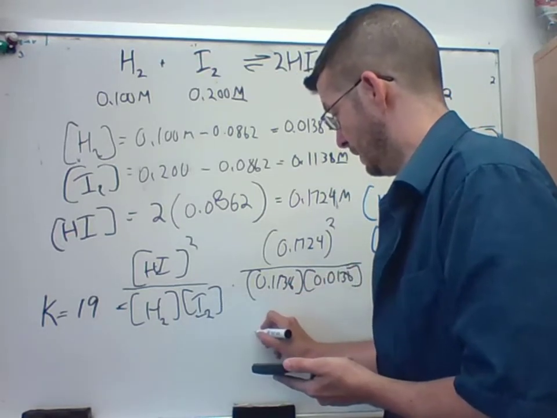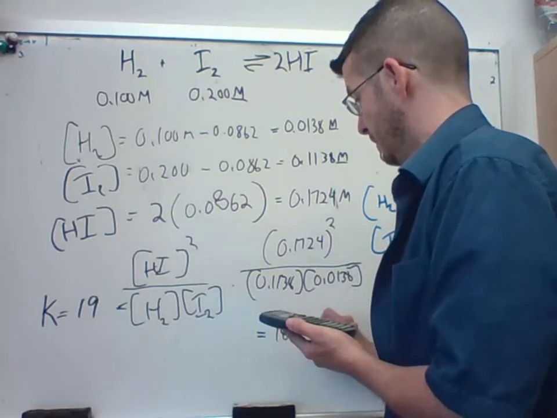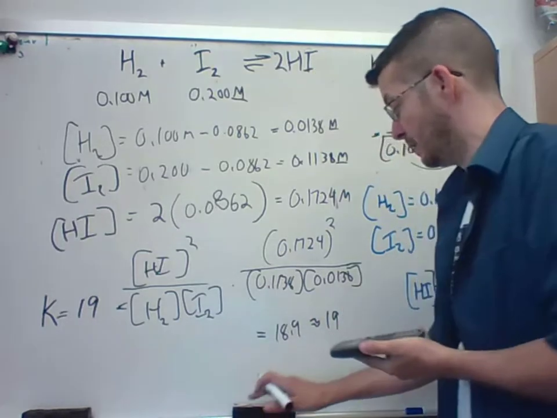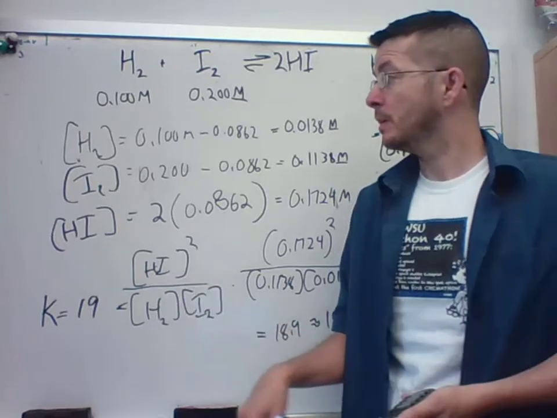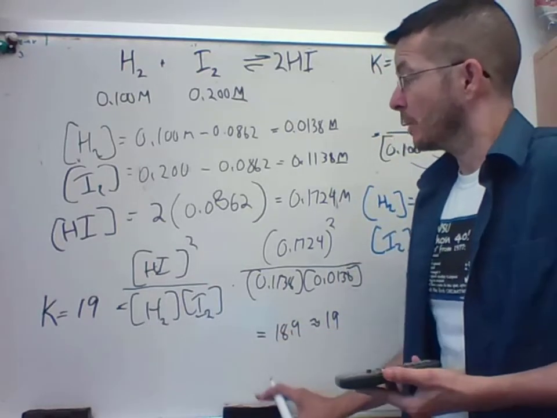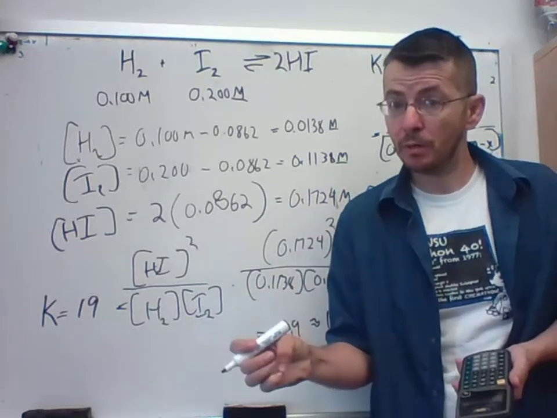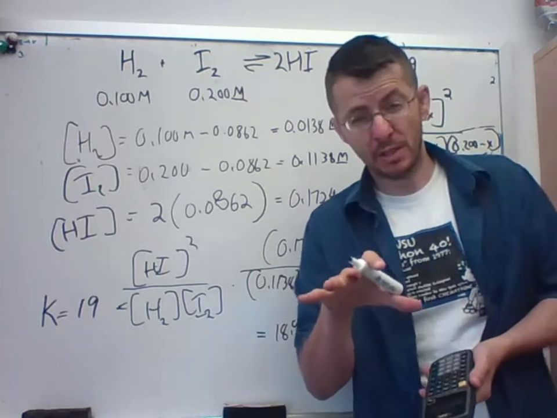And I get a tentative K of 18.9, which is within rounding error of 19 for our answer. So the check works. It's a long drawn out procedure, but if you can get it into a quadratic form, you can numerically solve it. But there are simplifications.